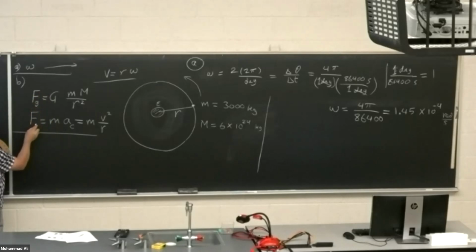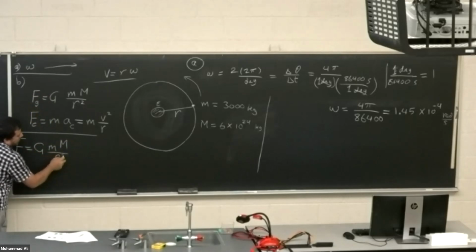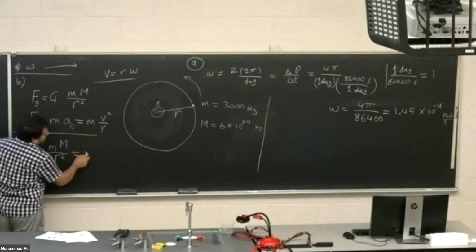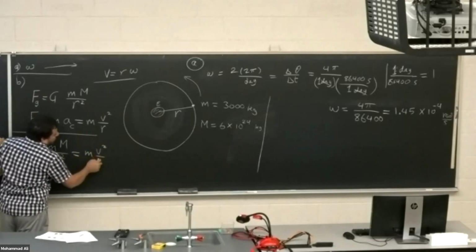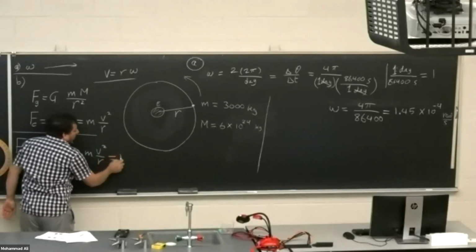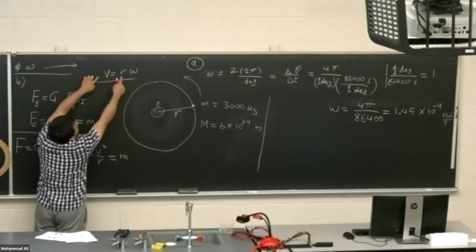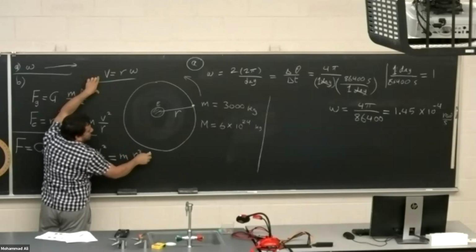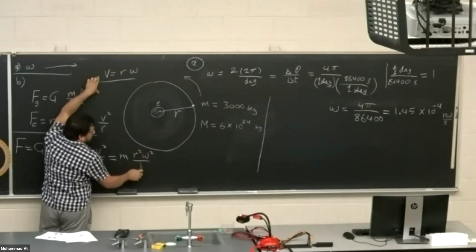This is gravitational, this is centripetal force. They are the same. So the force is equal to G M, capital M, over R squared, which is equal to m V squared over R, which is equal to m, V is R omega, so it will be R squared omega squared over R.